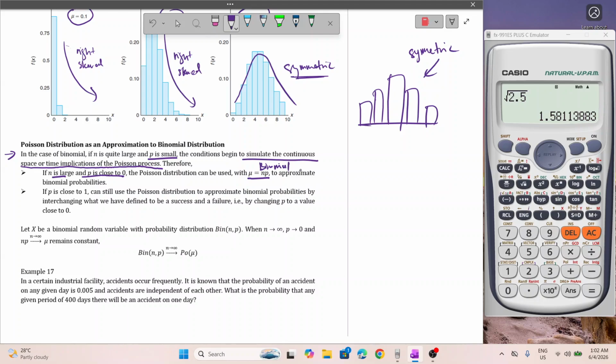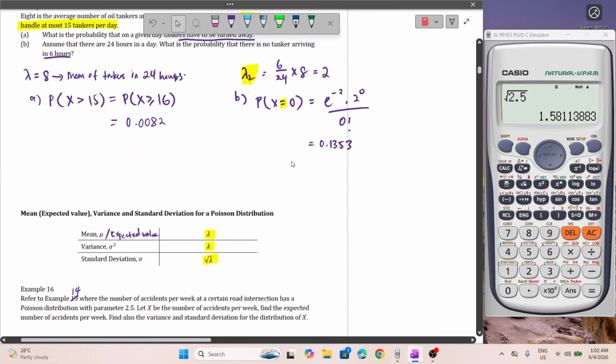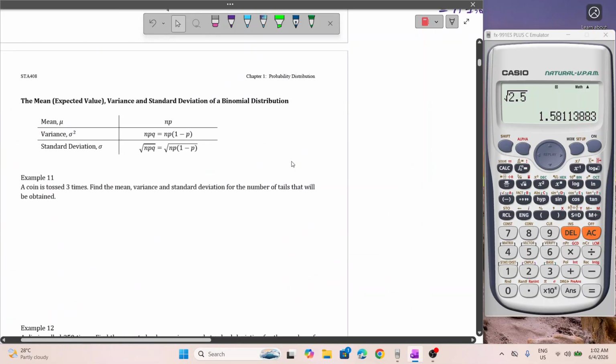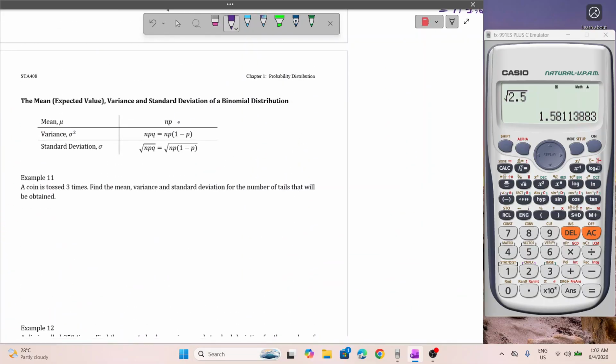For the binomial, the mean is n times p. The variance is npq, and the standard deviation is the square root of npq.